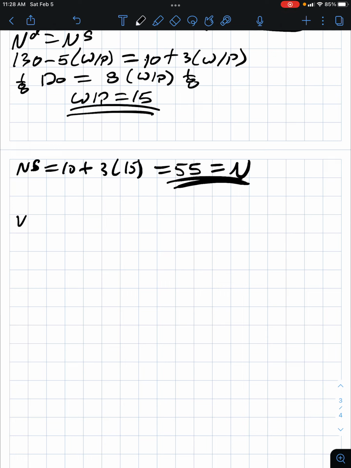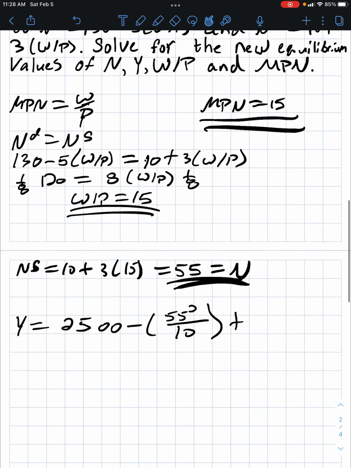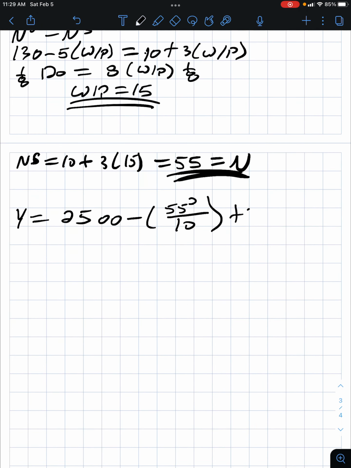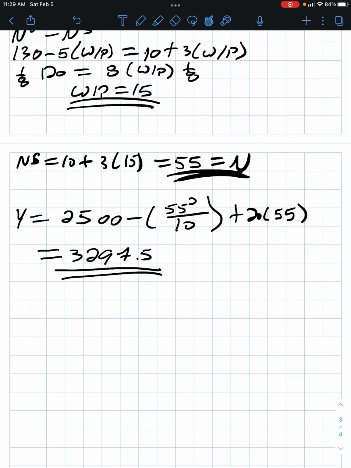So we'll plug our new N into Y. So Y is equal to 2500 minus 55 squared over 10 plus 20 times 55, and we get a value of 3297.5 as our Y at equilibrium.